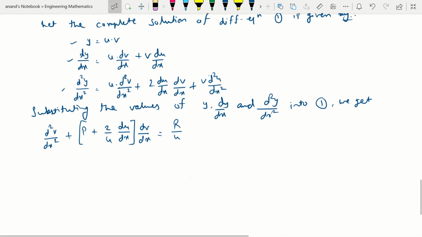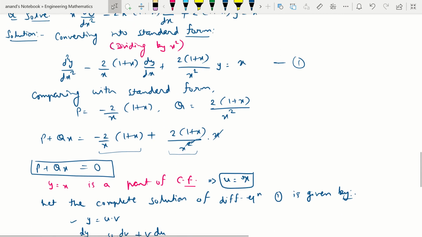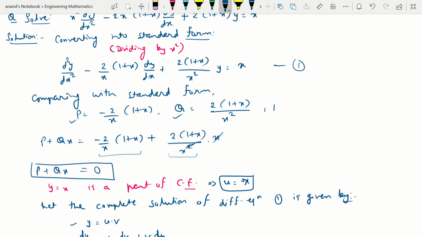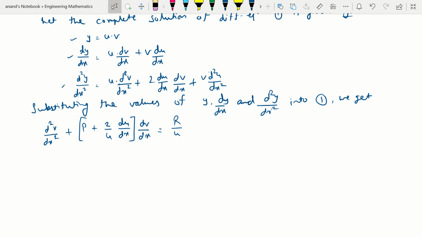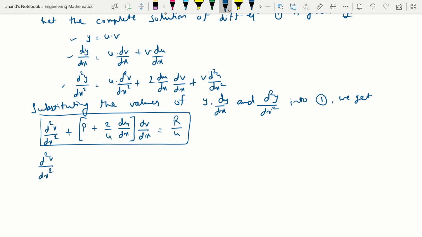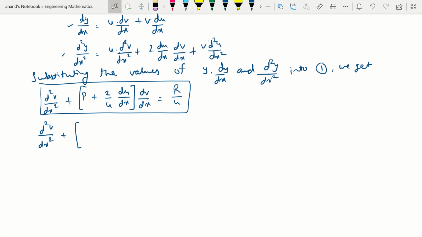So from above we have the values of P, Q and R. Here R is x. So let us put these values into this form. By substituting the values, in place of P we have −(2/x)(1 + x), plus 2.